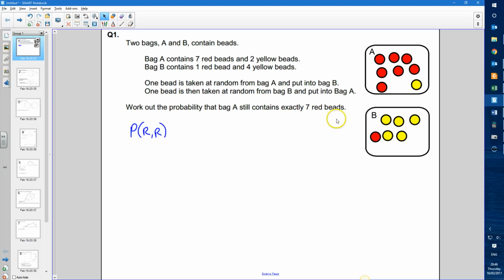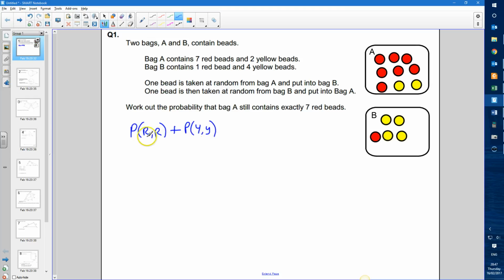The only thing that can now happen to still have these 7 red beads in bag A is a yellow, and it doesn't matter which one, would have to come back into bag A again. So that would be a yellow from bag A to B, and then a yellow back from bag B to bag A. So our two options are red followed by red, plus yellow followed by yellow.